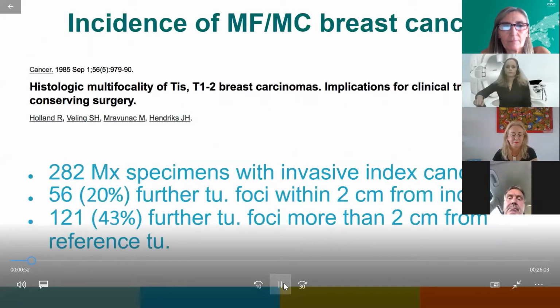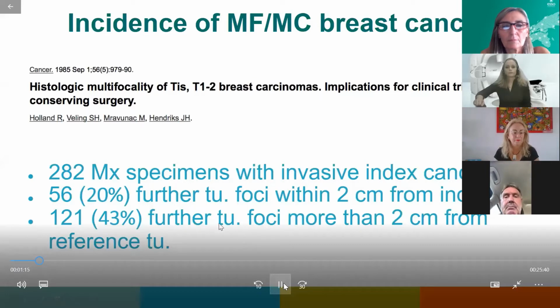The incidence of multifocal and multicentric breast cancer is much higher than we usually think. This is an old study from 1985, which looked at histologic multifocality of T1, T2 breast carcinomas, and the implications of this for clinical trials of breast conserving surgery.